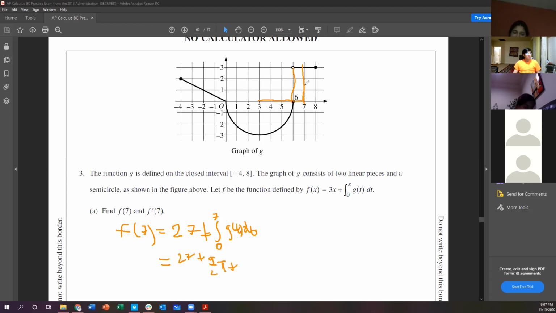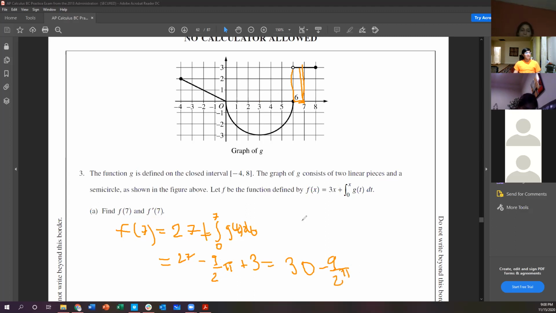Well, that's just a rectangle. Actually, this was a minus 9 over 2 pi. I'm sorry. This was a minus 9 over 2 pi, right? Because it's a negative area, if you want to think of it that way. And then the area here is 1 times 1, 2, 3, which is 3. So plus 3. So this is actually equal to 24 minus 9 over 2 pi.